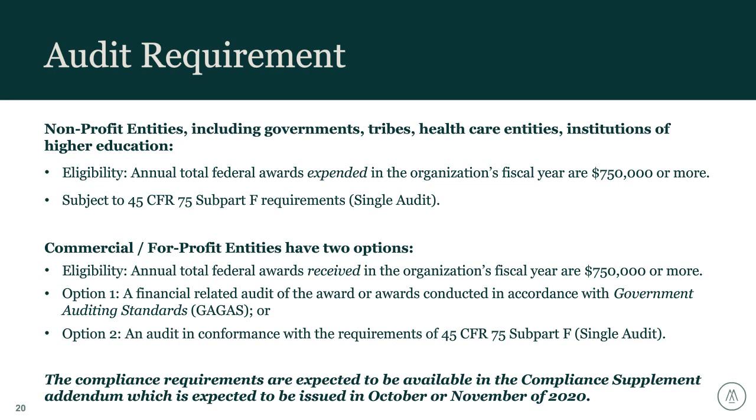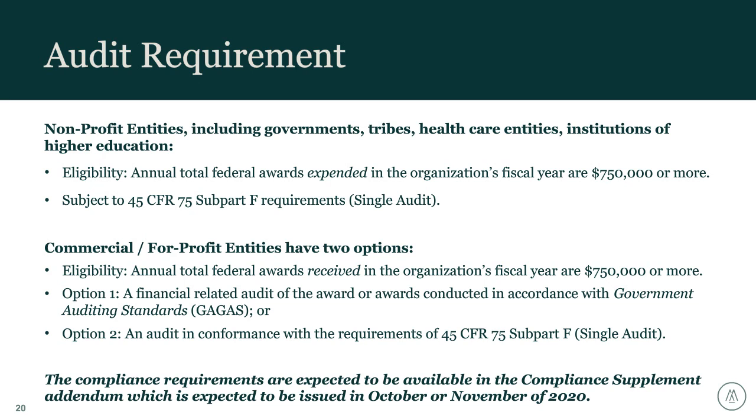In terms of what the audit would look like, I'll give it away and say we still don't have any specific guidance on the compliance requirements HHS expects us to audit, in terms of the expenses or how the funds were used. We are expecting the compliance supplement addendum.